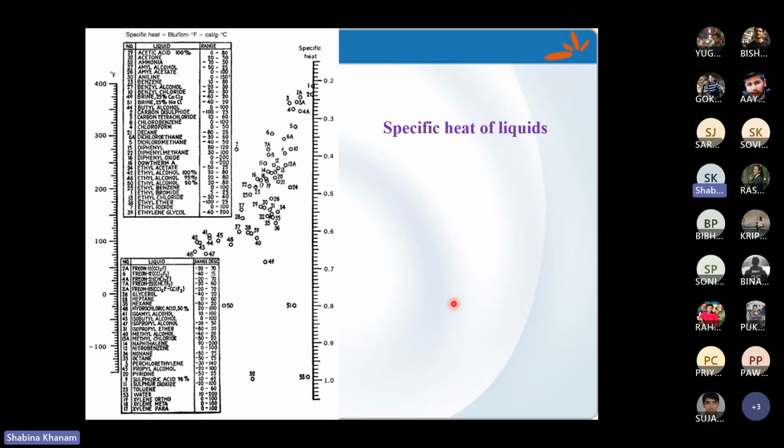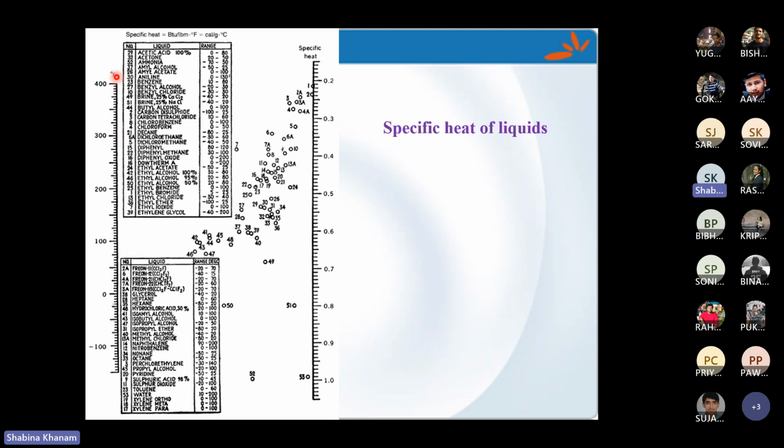If you see here, I'm having these values, and each liquid has a separate or different number. The value which will be available over here will be suitable for this range.